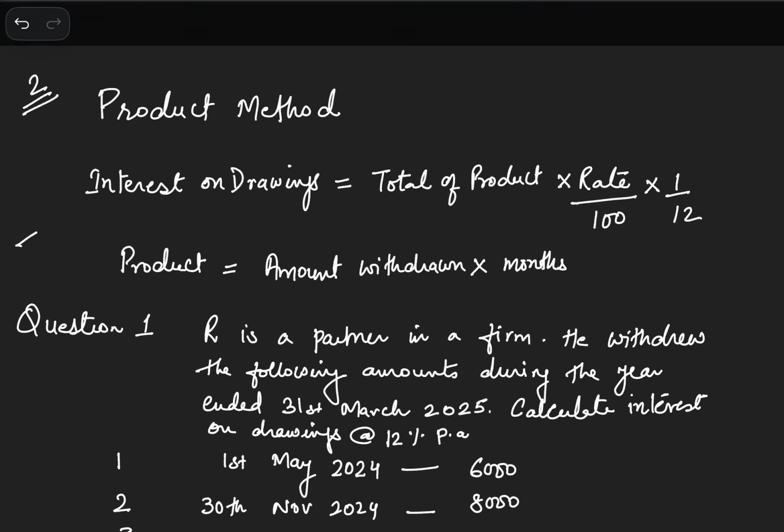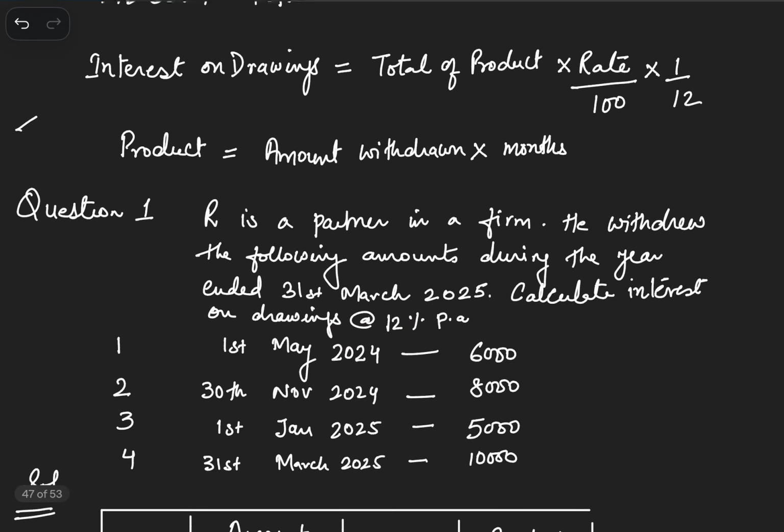Let's discuss the question. R is a partner in a firm. He withdrew the following amounts during the year ended 31st March 2025. Calculate interest on drawings at the rate 12% per annum. Now let's see how many times in a year: 4 times in a year the amount is withdrawn.